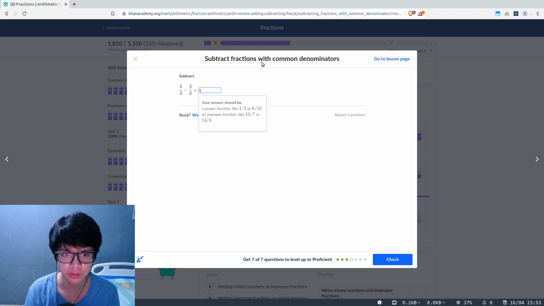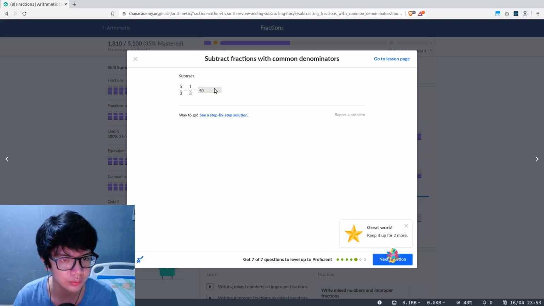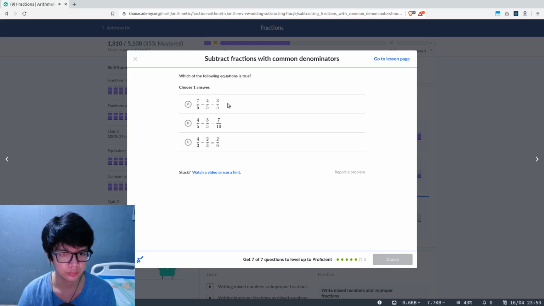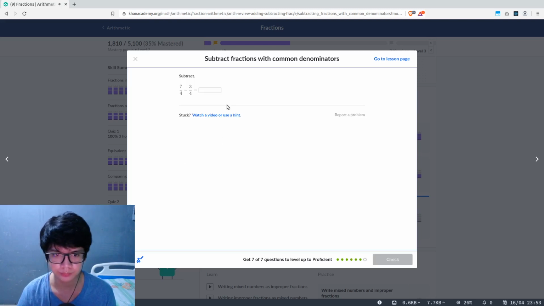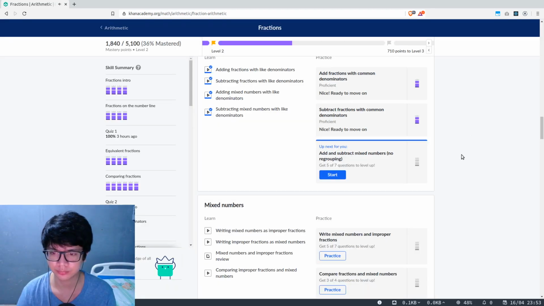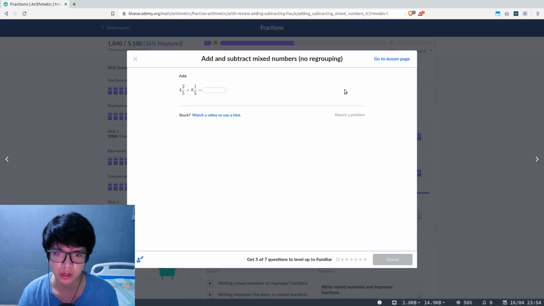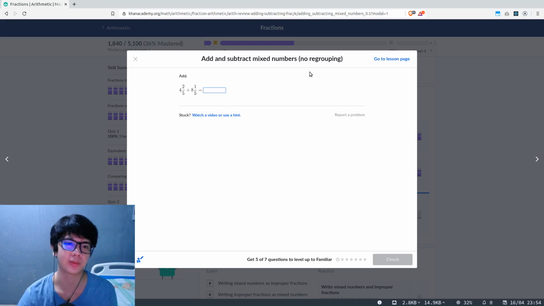Can I just say 1? Adding and subtracting, no regrouping. Okay, cool, no regrouping, thanks. How about the simplification thing? Okay, I guess definitions. How do I write the number?